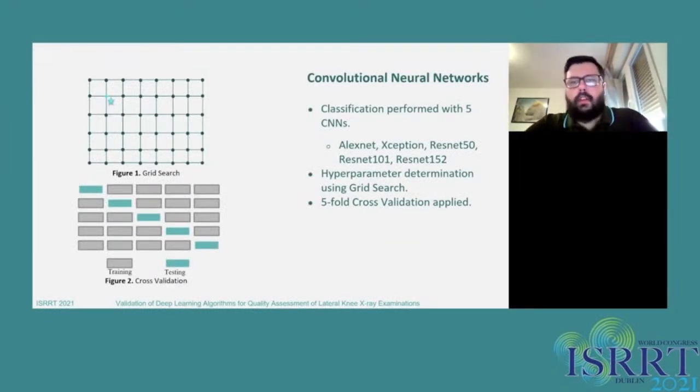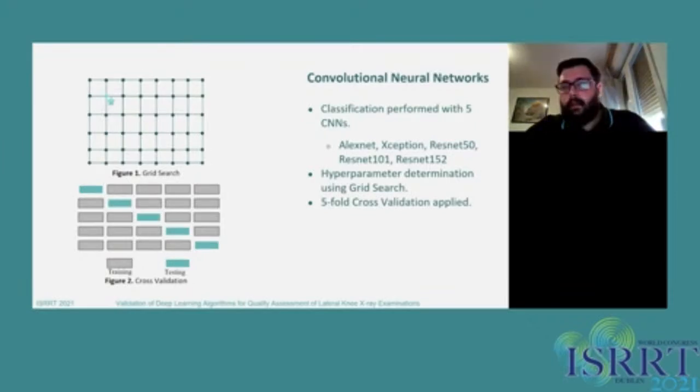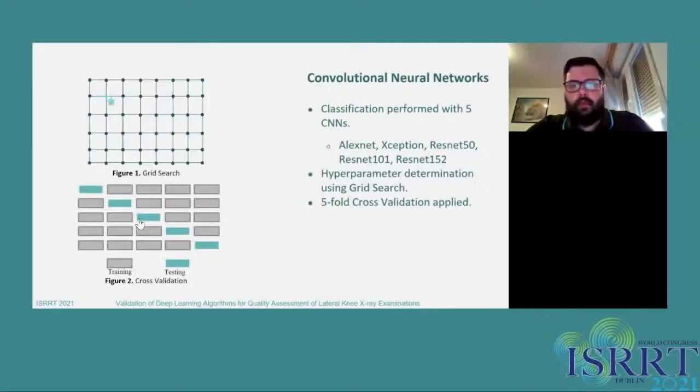There are three important parts that should be noted when it comes to the convolutional neural network methodology in the research. The first part is that 5 CNNs have been used: AlexNet, which is an older architecture used as the gold standard, Xception, and 3 residual networks with 50, 101, and 152 layers, which are closer to the state of the art.